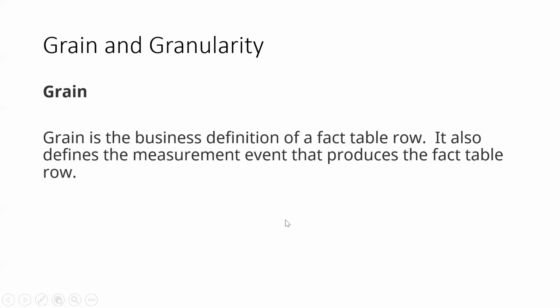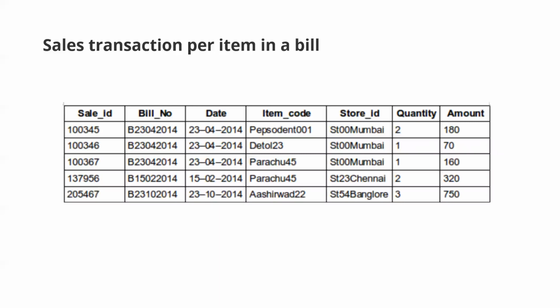Grain is the business definition of a fact table row. What a single fact table row signifies for a particular table, that is called the grain. Let me show you. Over here, this is a fact table.